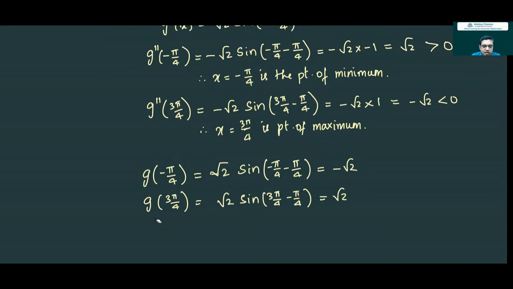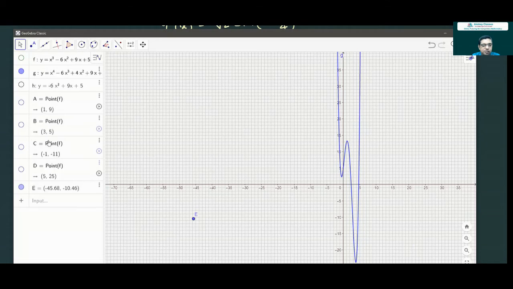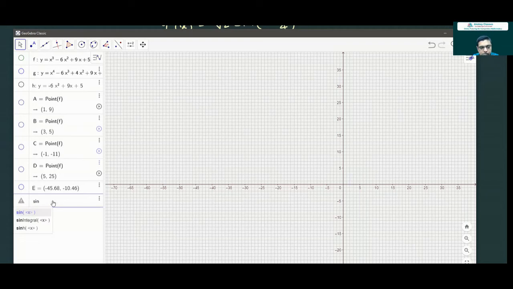Let's look at the curve, how it looks. I'm giving an input here, sine x minus cos x.